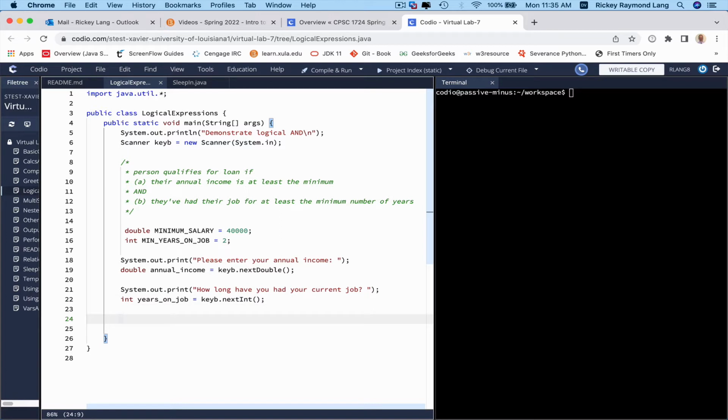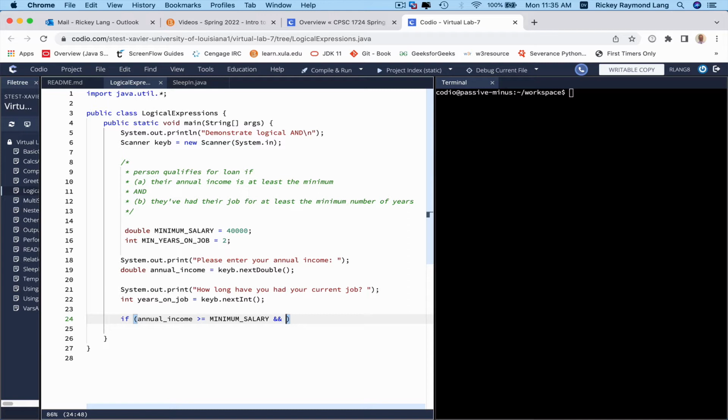if statement. So we can say something like this: if annual income is greater than or equal to minimum salary, and we want something else to be true too. The symbol for and is two ampersands together, and that's the shift 7.